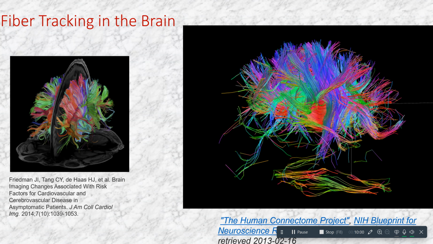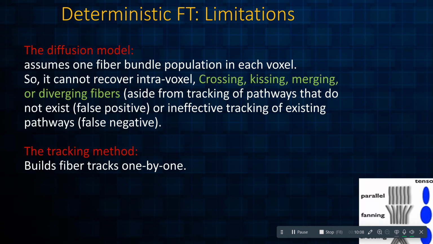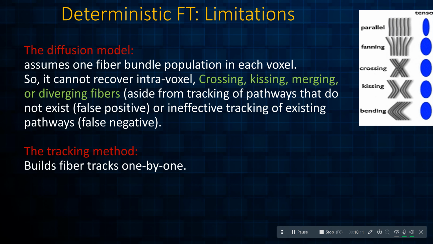Currently, in brain imaging, there are a lot of methods using deterministic fiber tracking that get beautiful images. But where this technique fails is that within a voxel we can have crossing, kissing, merging, or diverging fibers.